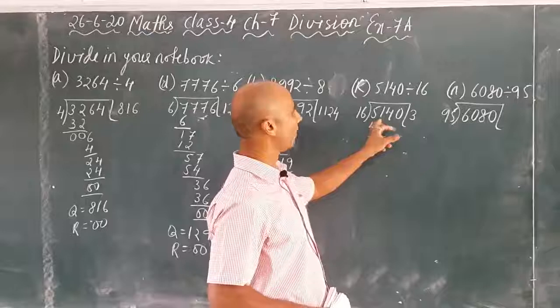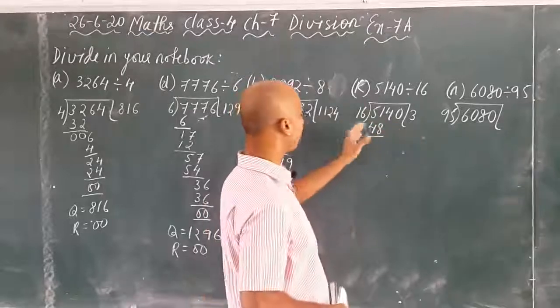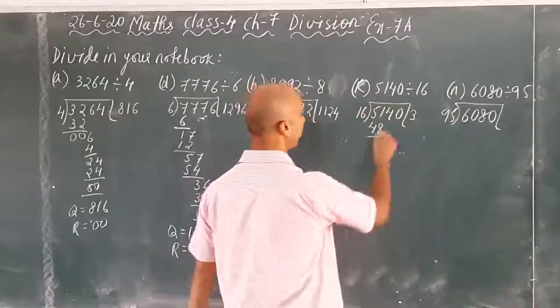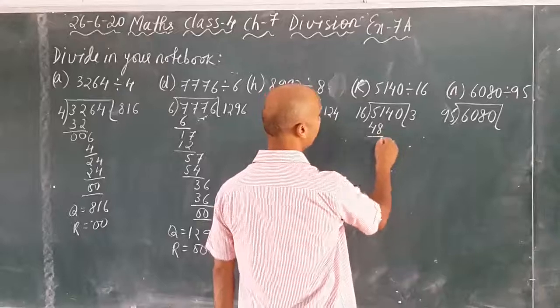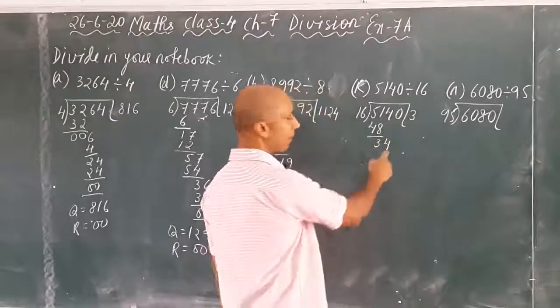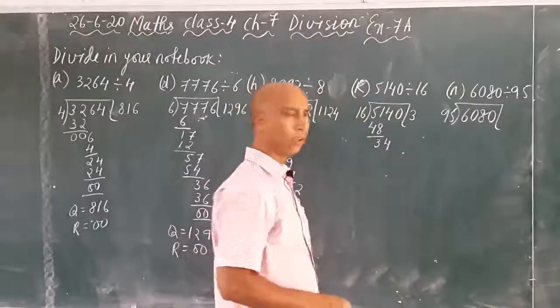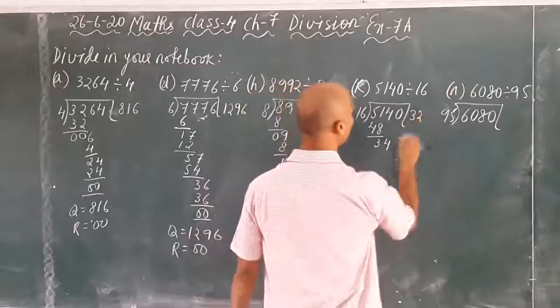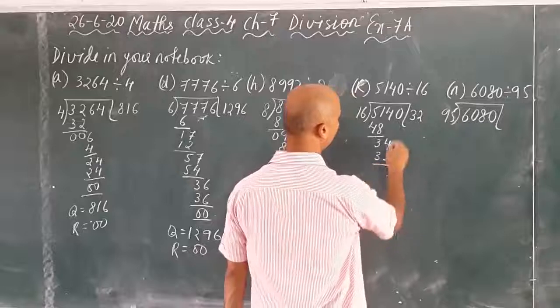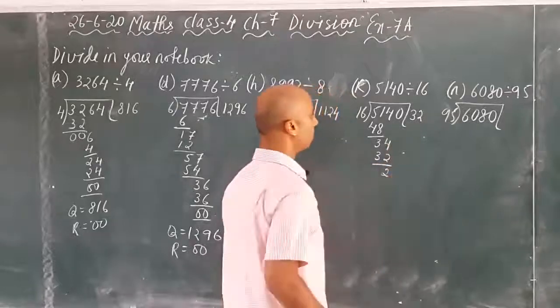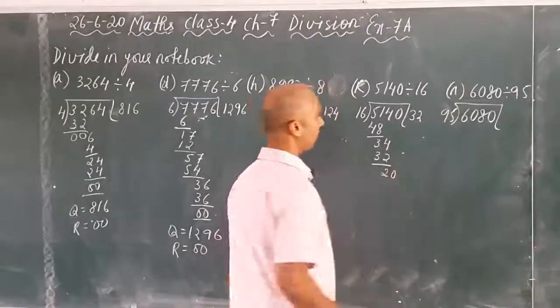That was more than 51, so it will not go. That is why it will go 3 times, 48. From 51 minus 48 is 3, you will bring down 4, 34. Now 16 will go 2 times, 16 2s are 32. From 34 minus 32, remainder 2, bring down 0.